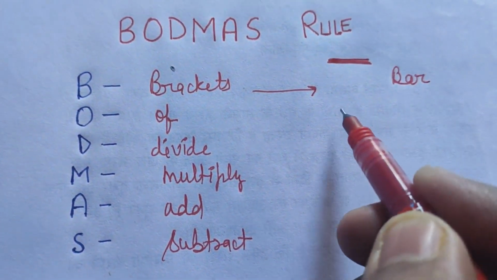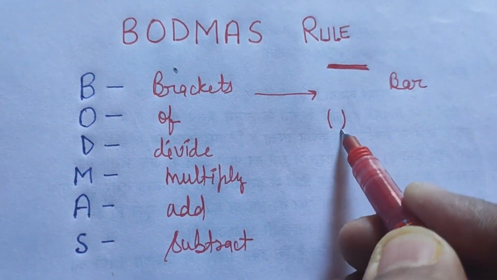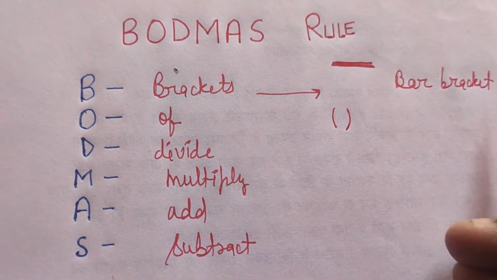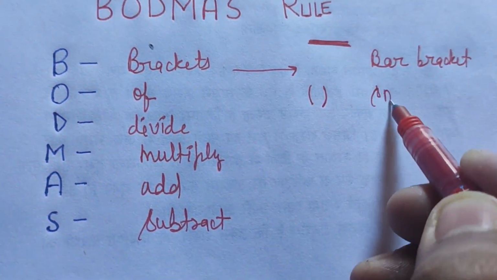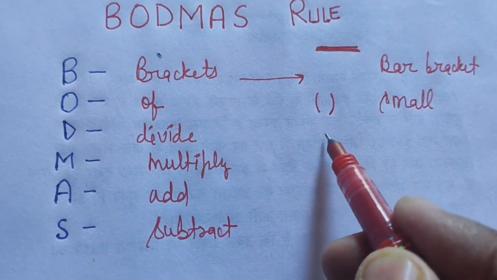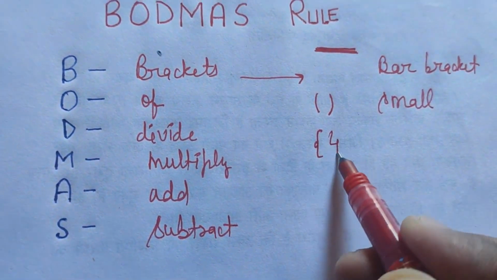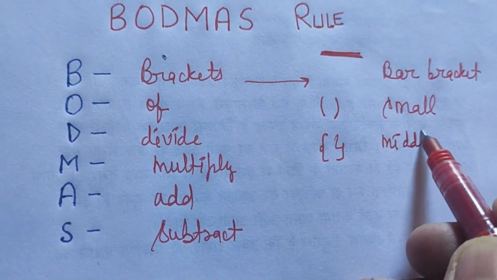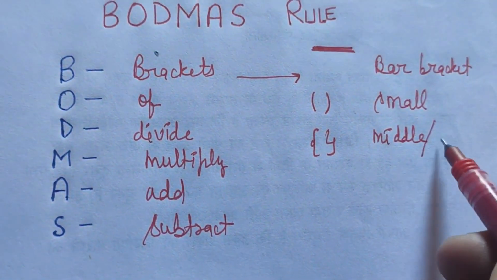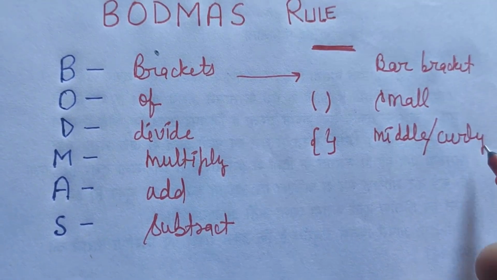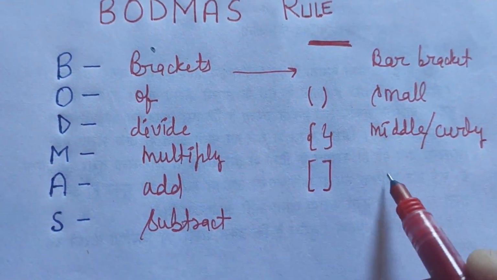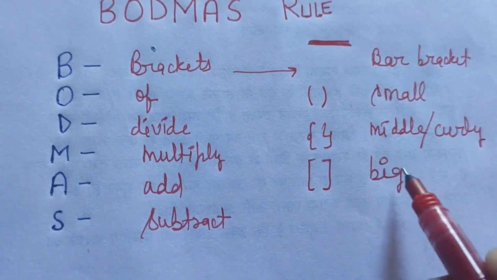After that comes the bracket called the small bracket, and after the small bracket we will solve the middle bracket. It is known as the middle or curly bracket. After that the big bracket will be solved.